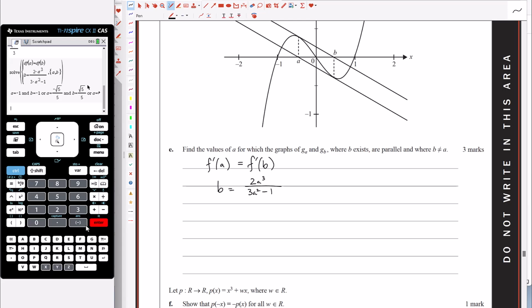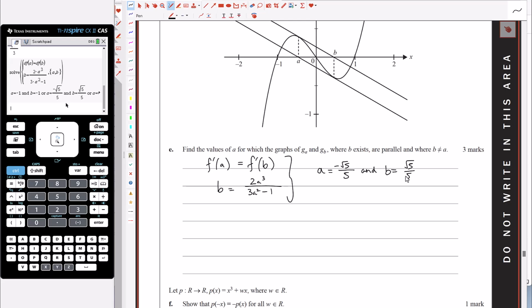Okay, so we need to be a little bit careful about how we read this here. We've got A equals negative 1 and B equals negative 1, but we know that B can't equal A. Okay, so that solution is where B equals A, so that's not correct. We have A equals negative root 5 on 5 and B equals root 5 on 5. Okay, so there's the solution. So we get A equals negative root 5 on 5 and B equals positive root 5 on 5.